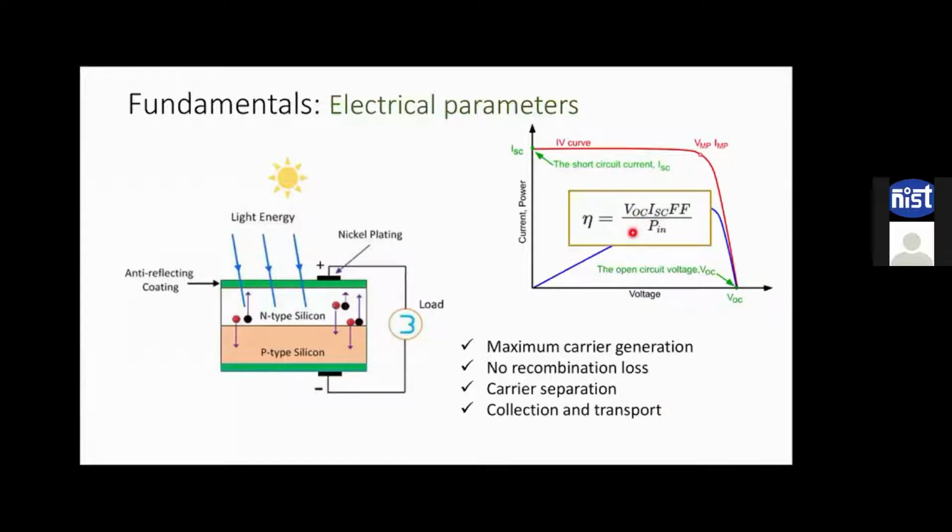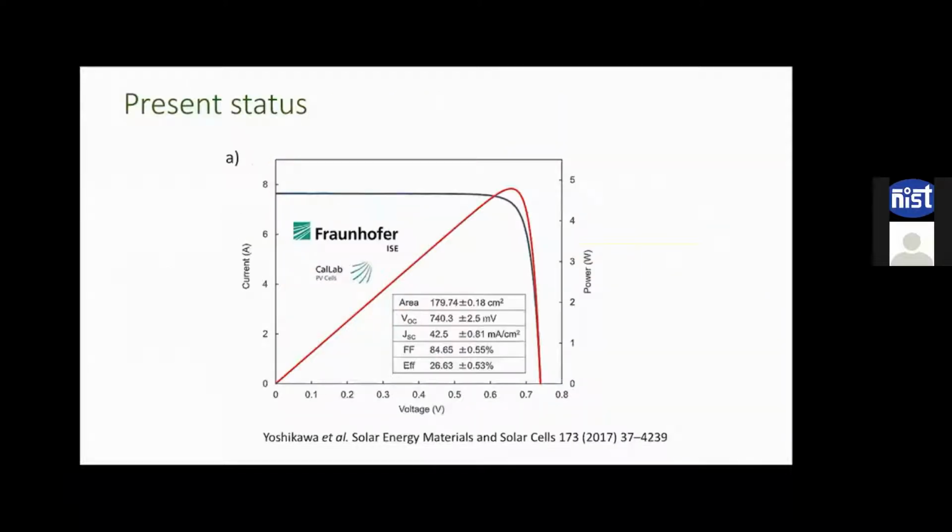Obviously, the maximum value of the open circuit voltage is limited by the band gap of the semiconductor material. So if you are improving the open circuit voltage, you are moving closer towards the maximum value possible. Now, if the photogenerated carriers are traveling nicely across the device and going towards the load, that means your collection and transport of the carriers is good, and then you are improving the fill factor.